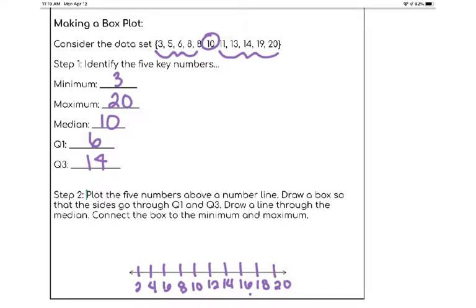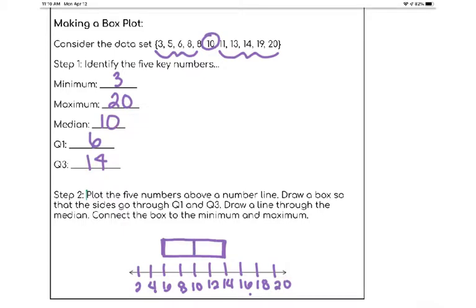We're going to draw a box so that the sides go through quartile 1 and quartile 3. So quartile 1 was 6, so that's going to be the side of my box. And quartile 3 was 14, so that's another side of my box. And we're going to draw a line through the median inside that box. So my median is actually 10, so that's going to be inside the box.